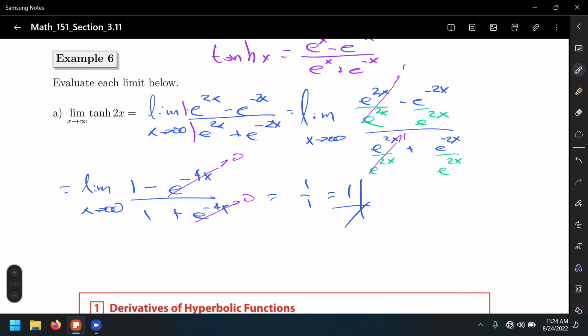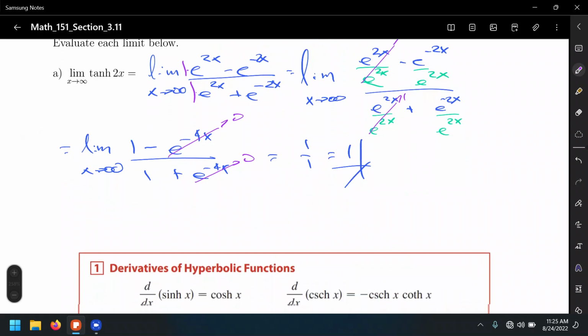So if you can prove that the original function is indeterminate, can you do L'Hopital's rule? That's another alternative, L'Hopital's rule. Yes, we could have done L'Hopital's rule. However, okay, let me show you this.